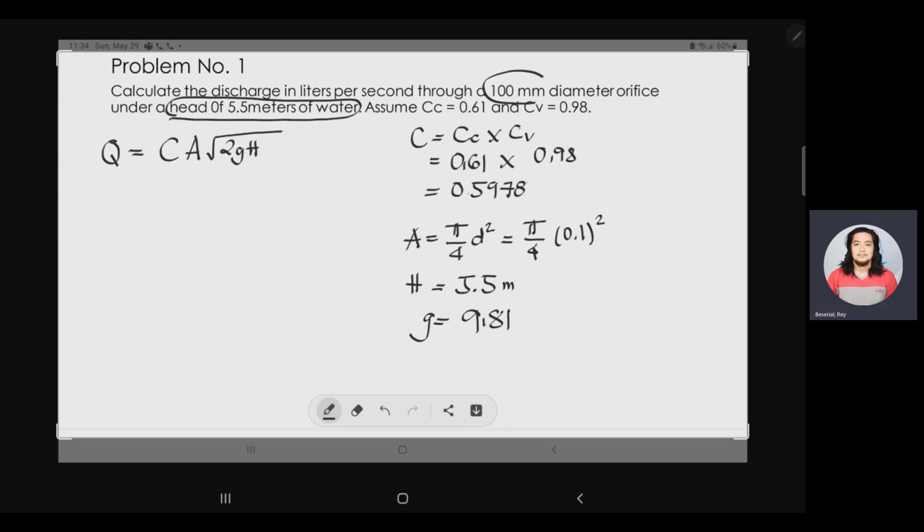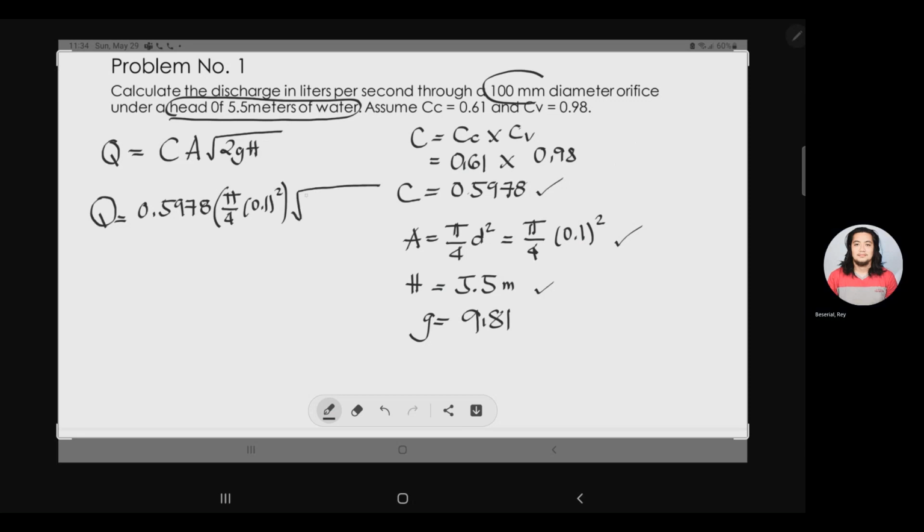Okay, so meron na tayong C. Meron na tayong data sa area and then sa H. So, ipang-input natin, makukuha natin yung ating discharge. So, input na lang natin ito: coefficient of discharge na 0.5978 times sa area na pi over 4, 0.1 squared, times square root of 2 times 9.81 times sa head na 5.5.